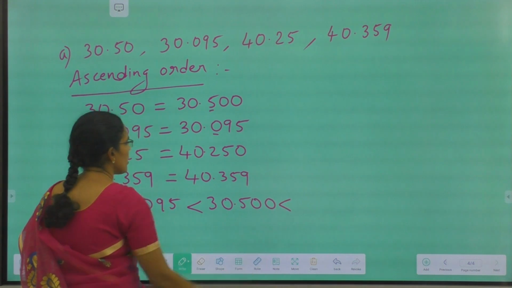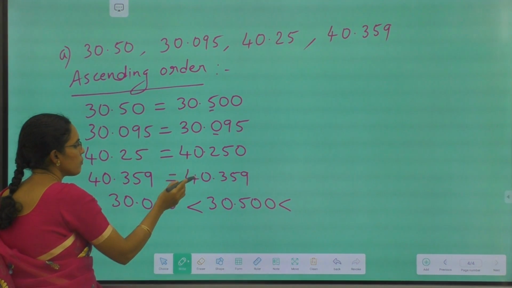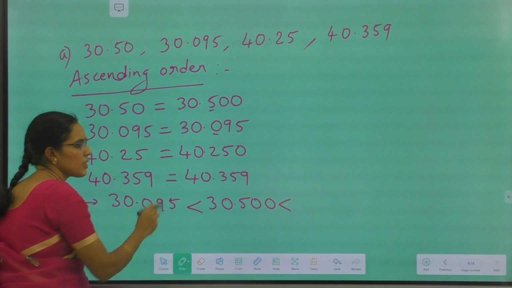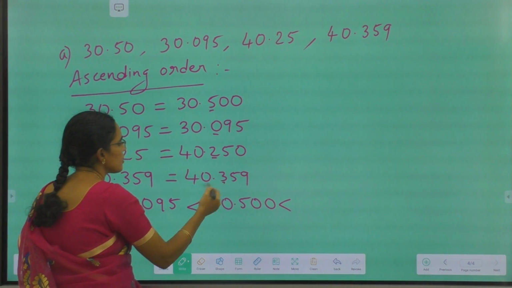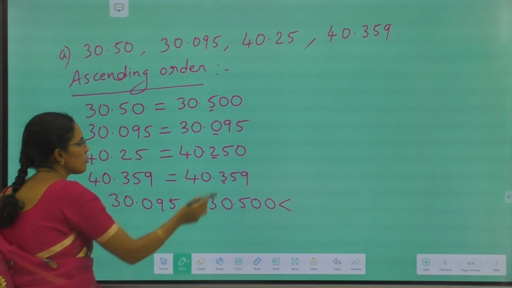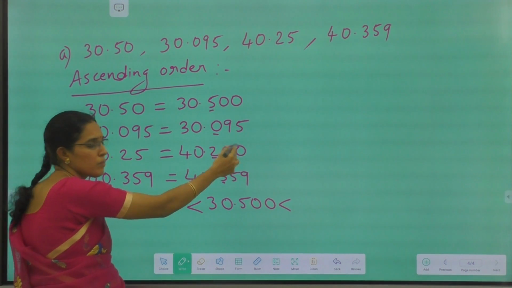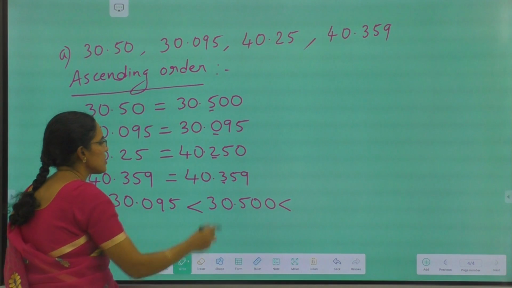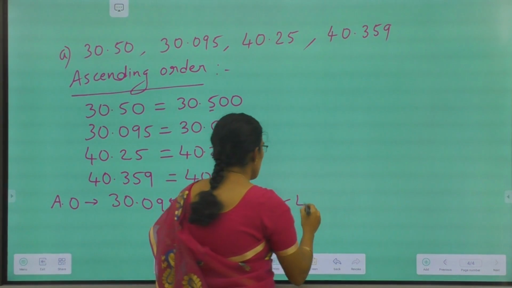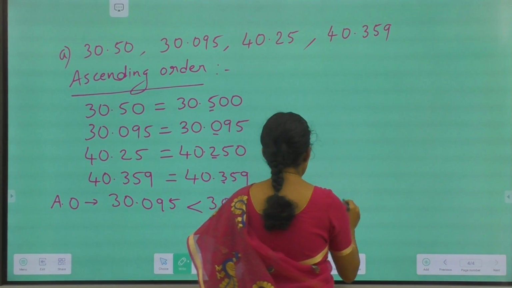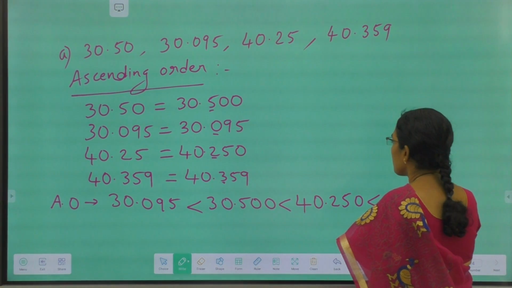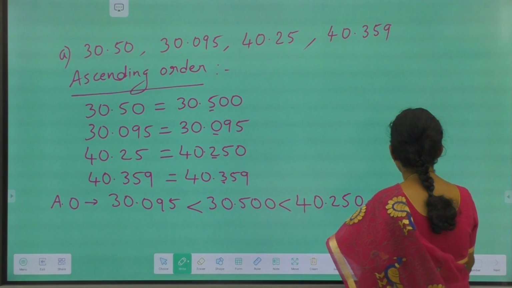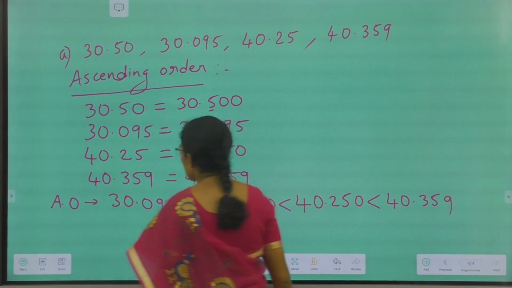Here again, both decimals have 40 as the whole part. Then in the decimal part, first observe the 10th place: here 2 and here 3. 2 is smaller, that is 250. Observe the numbers 250 and 359. 250 is smaller. So 40.250, and finally 40.359. This is how we arrange in ascending order.